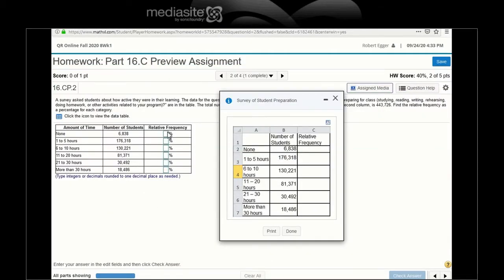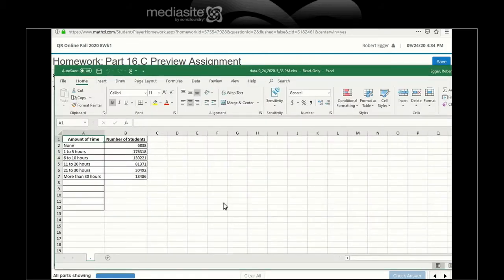So to find relative frequency, we're going to need to find the total of students, and then we're going to go one by one. To get this guy, divide this by this, multiply by 100. So let's do that on here. So let's first find ourselves a sum.